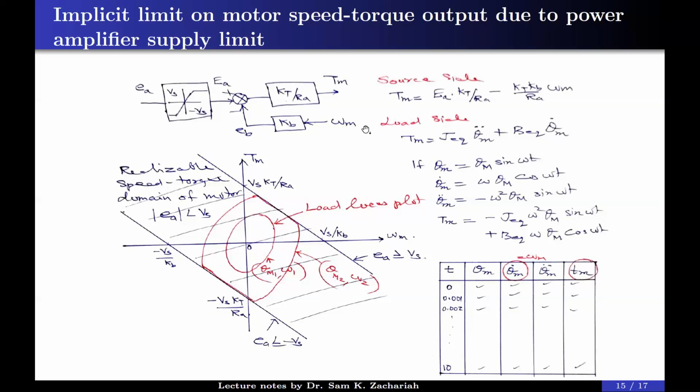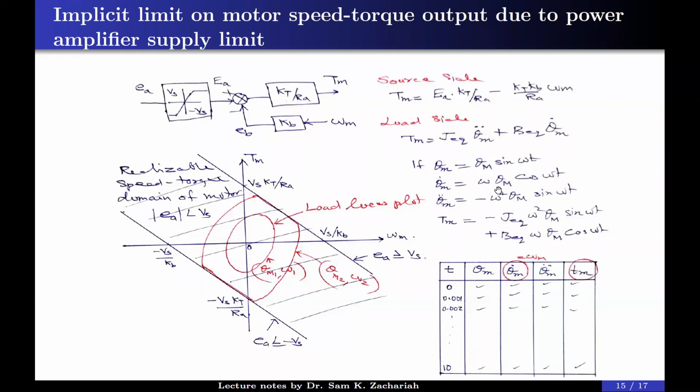Don't confuse this omega m and this omega. This omega m represents the motor angular velocity, whereas this omega represents the signal, the frequency of the signal, how the deflection is changing with respect to time t.